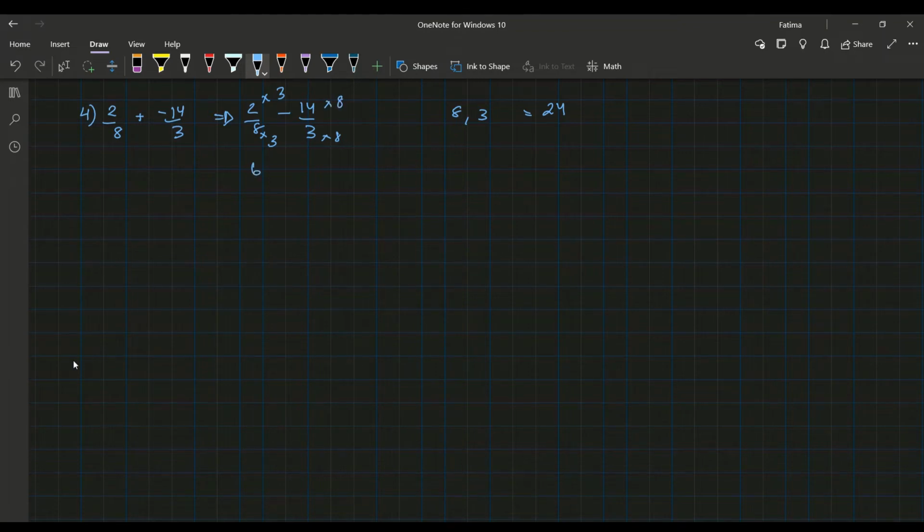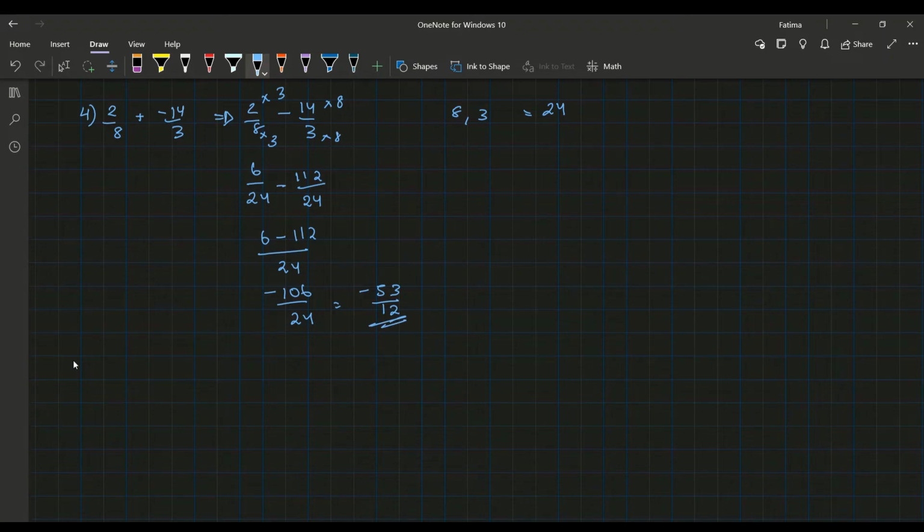So 2 into 3 is 6. 8 into 3 is 24. Minus 14 into 8 is 112. And 24, this is 3 into 8. So that's basically 6 minus 112 upon 24. And that's minus 106 upon 24. And that can further be simplified to negative 53 upon 12.